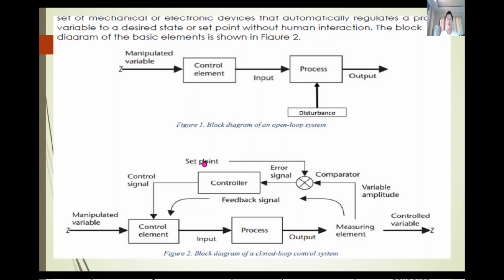So any deviation from this value will generate an error signal. So here, there is a set point here in the controller, and then this set point is a desired value of the output here.